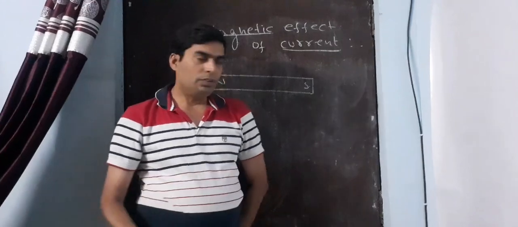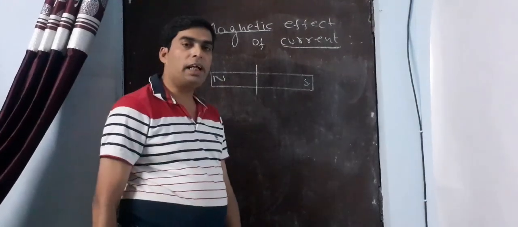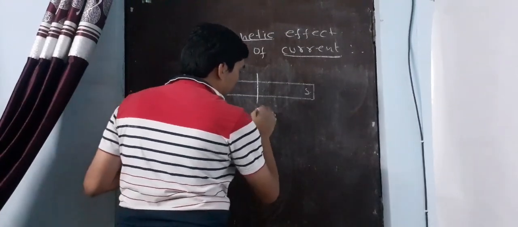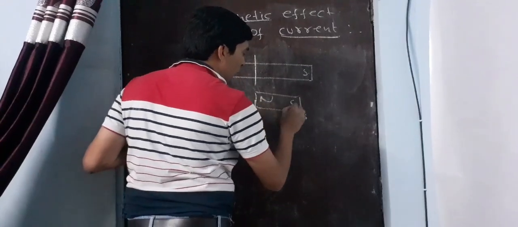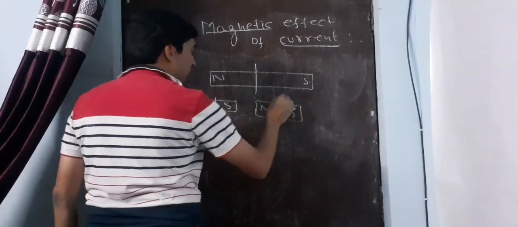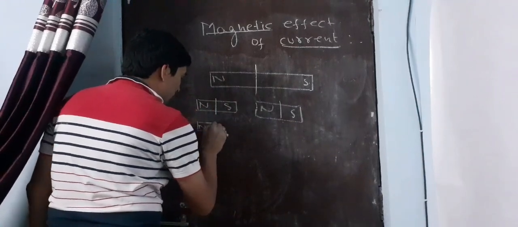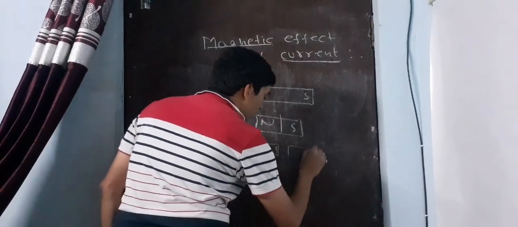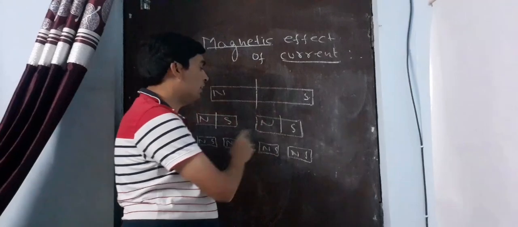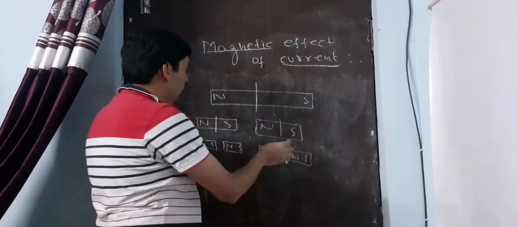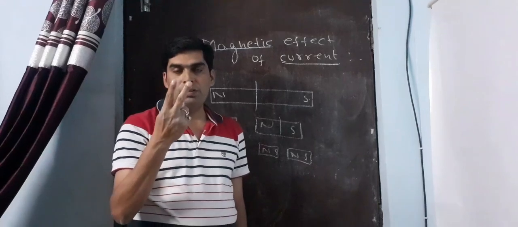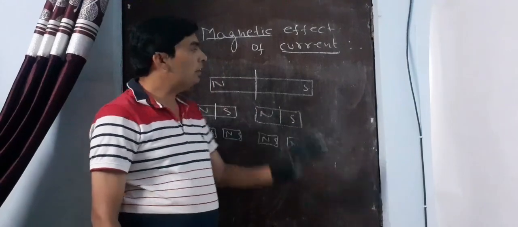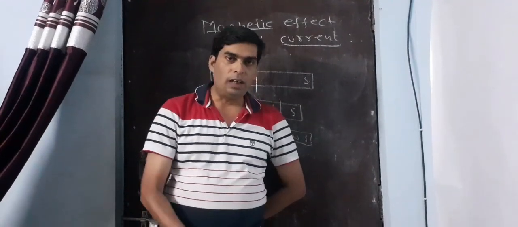Now if we break this magnet into two magnets, we again have north and south in each. If we break it further, we again have north and south, north and south. That means the poles exist in pairs. We do not have monopoles. A magnet has two poles, north and south. These are the basic information we have from our junior classes.